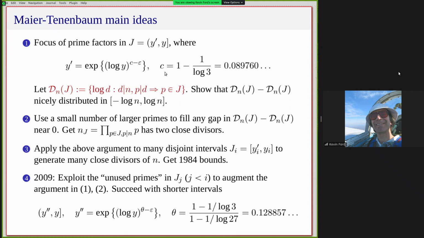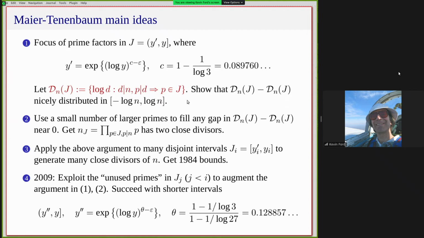Then Erdős's conjecture also implies, his heuristic implies that the function I call dnj, which is the logarithm of divisors composed only of these primes, will also have two close divisors.